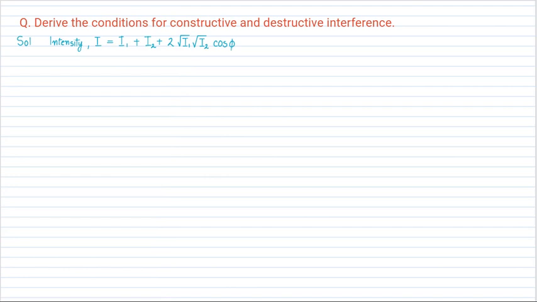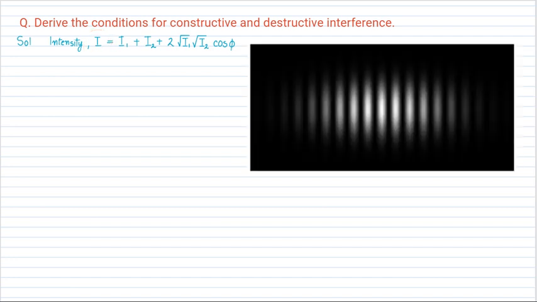In our last class, we derived the equation for this intensity. This intensity equation tells us whether it will have a maximum intensity, that is, maxima, or a minimum intensity, the dark fringe.